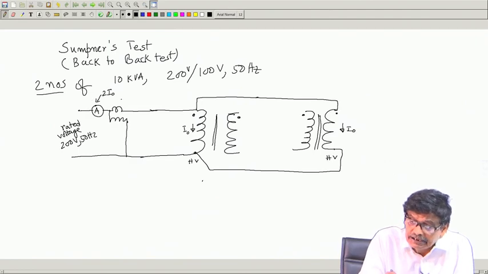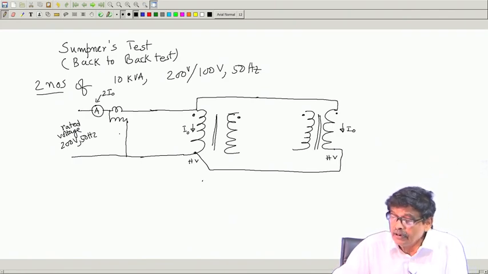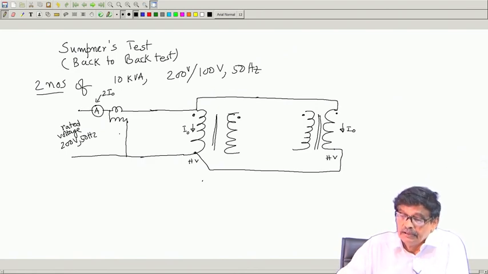And what is this wattmeter going to read? With the secondary open for both the transformers, the wattmeter will only record the core losses, the sum of the core losses of these two transformers, because rated flux is there in both the transformers.